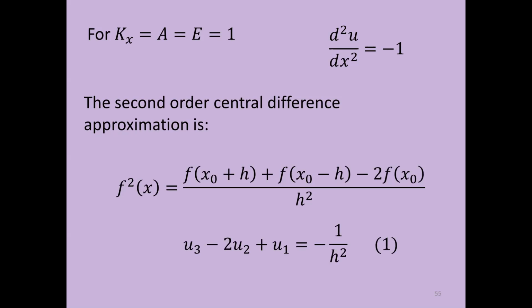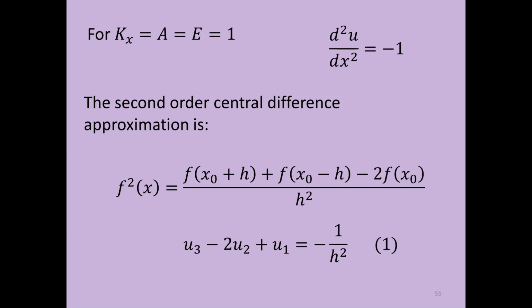So when you apply the second order difference to the second node, x0 becomes u2, then x0 plus h gives you u3, and x0 minus h gives you u1.